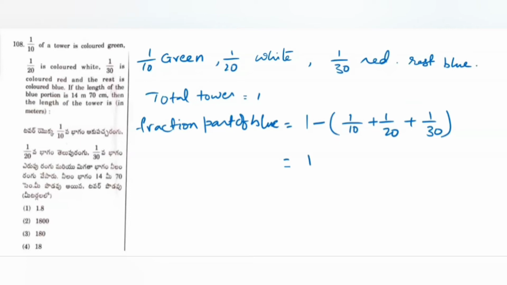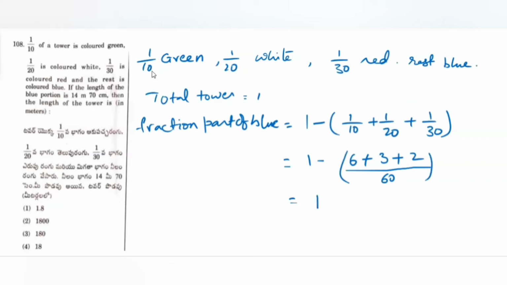That is nothing but 1 minus, let us take LCM for all the denominators 10, 20, 30. LCM is 60. 10 into 6 is 60, so 6 here, plus 20 into 3 gives you 60, so 3, plus 30 into 2 gives you 60, so 2. So 6 plus 3 plus 2 by 60.